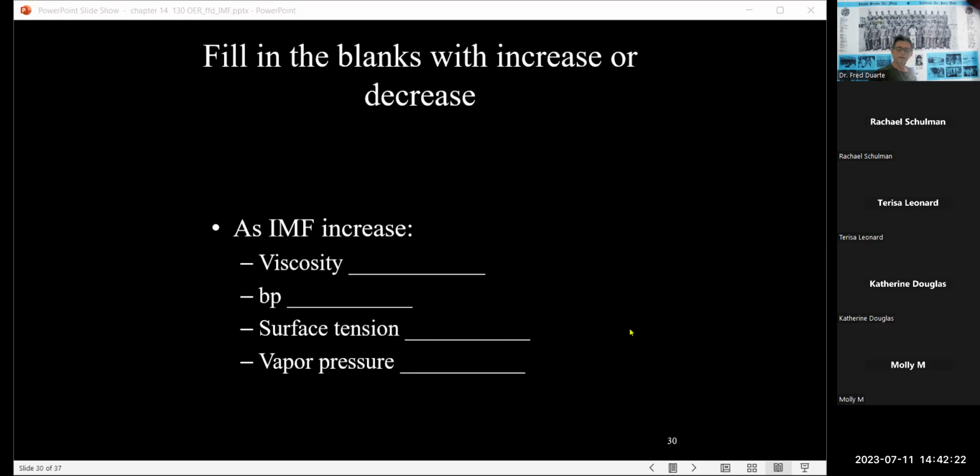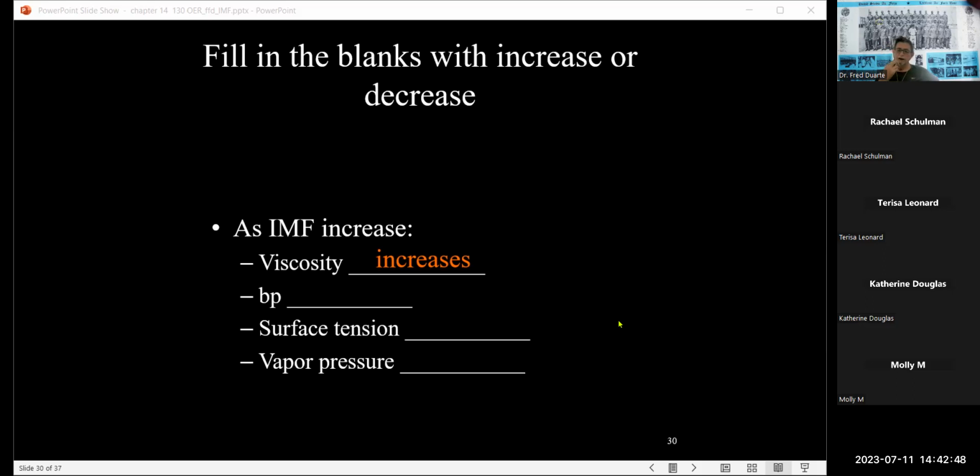All right, this here kind of puts it together. As we increase the IMF, the viscosity goes up. As the IMF goes from London to dipole to hydrogen bridging, the molecule that has that force assigned to it, the viscosity increases, gets thicker.